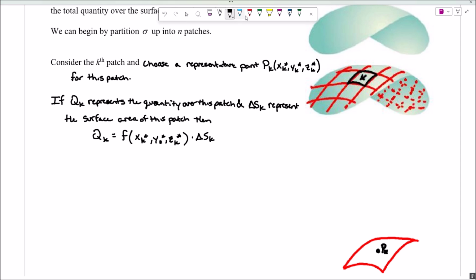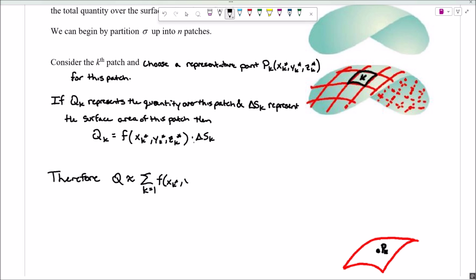So I'm taking this quantity and multiplying it by the surface area. That gets me the total quantity for the entire patch. And if that gets me the quantity for the entire patch, then Q, the actual quantity, would be roughly equivalent to the sum of adding up all of these approximations.